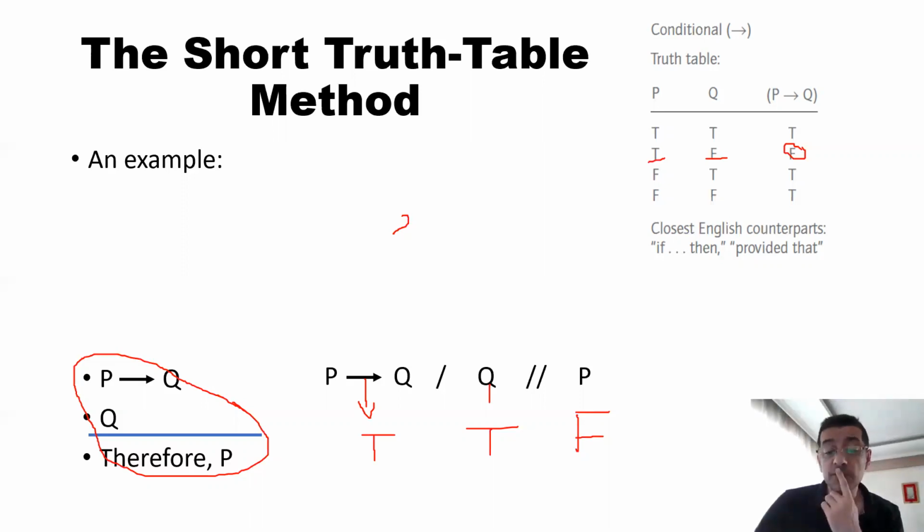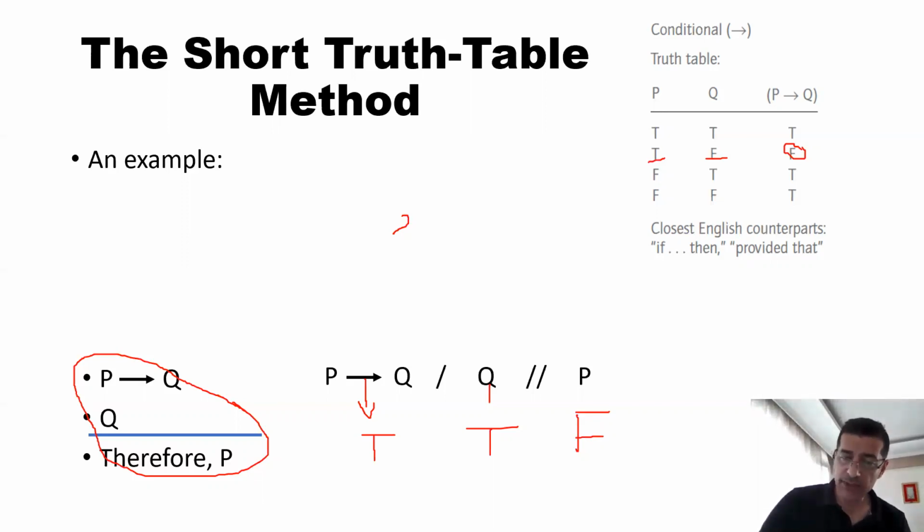So if I can prove that this is T and this is T and this is F, then the argument is invalid, right? So what I do is now I consider P as F because this is what I want to prove, right? So I want to prove that this argument is invalid. Remember, in the short truth table method, we try to say that the argument is invalid. We try to prove it. So the game is prove it wrong, okay?